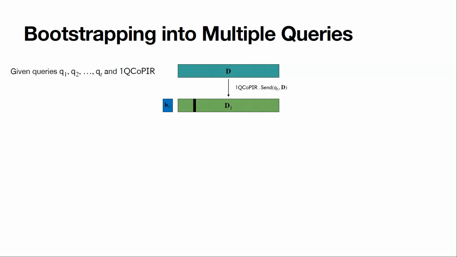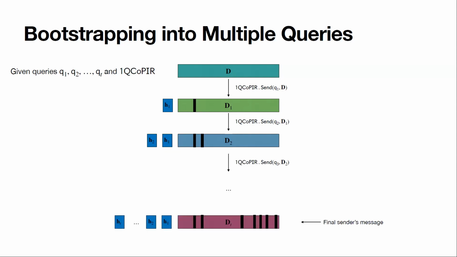Then it takes this block and inputs it into the next co-PIR. And we get an encoding of D with two positions erased plus another header. Then we recursively apply the same procedure. And at the end, we get an encoding of D with T positions erased plus T headers.